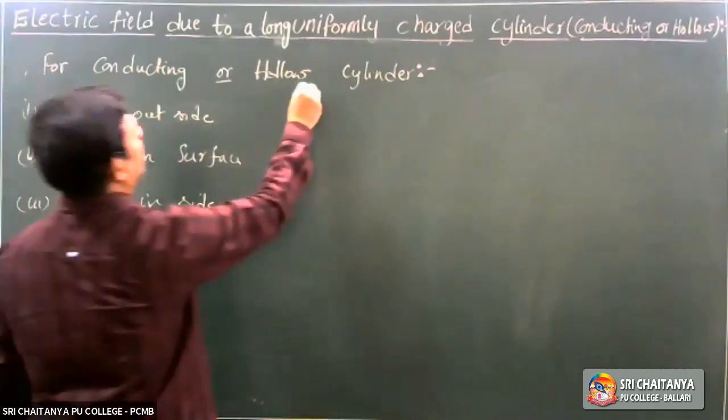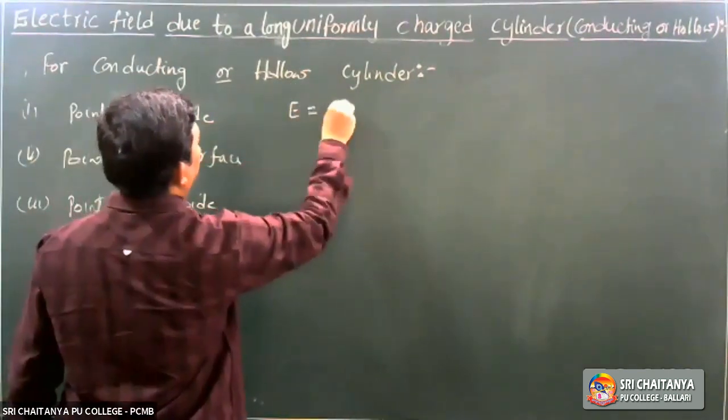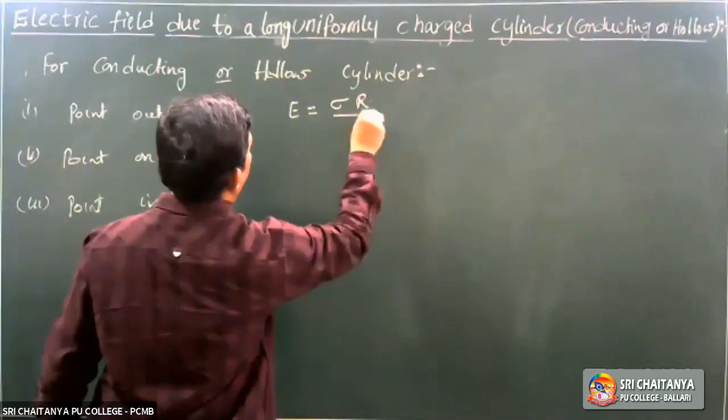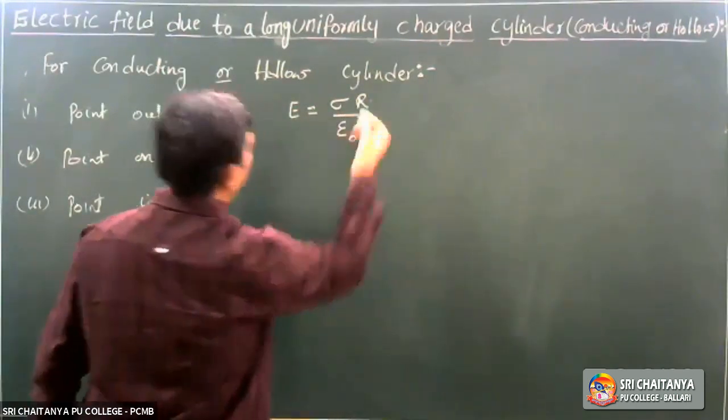What is E? Outside, E is sigma capital R by epsilon naught small r.